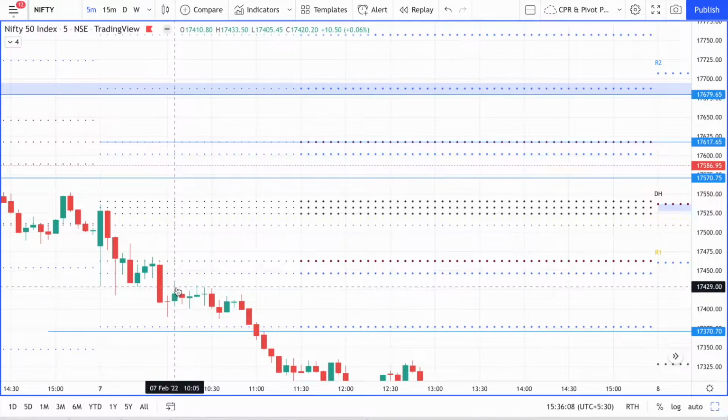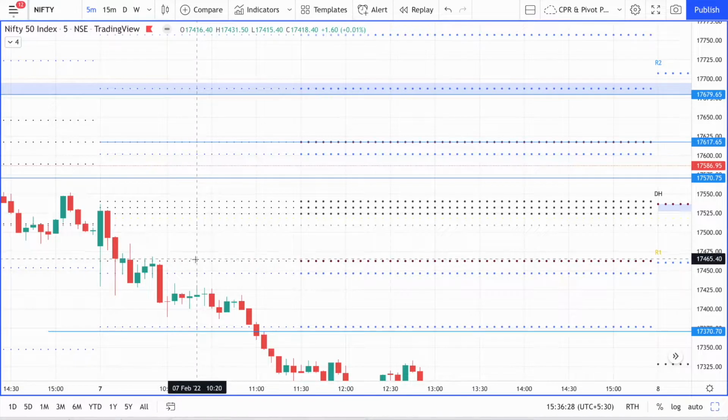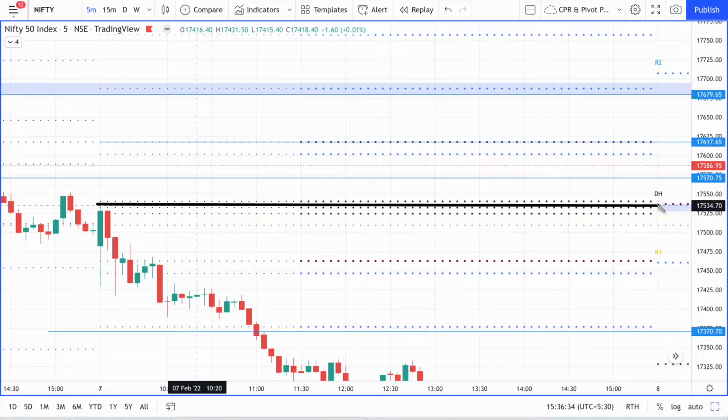After it broke out, the sellers were strong enough to push the prices further down, and then this area happened to act as a resistance. You can see this is the resistance here, and then price was pushed further down. So what do we know from this price action? We know that coming from the 7th of February, this area right here is a strong supply zone.